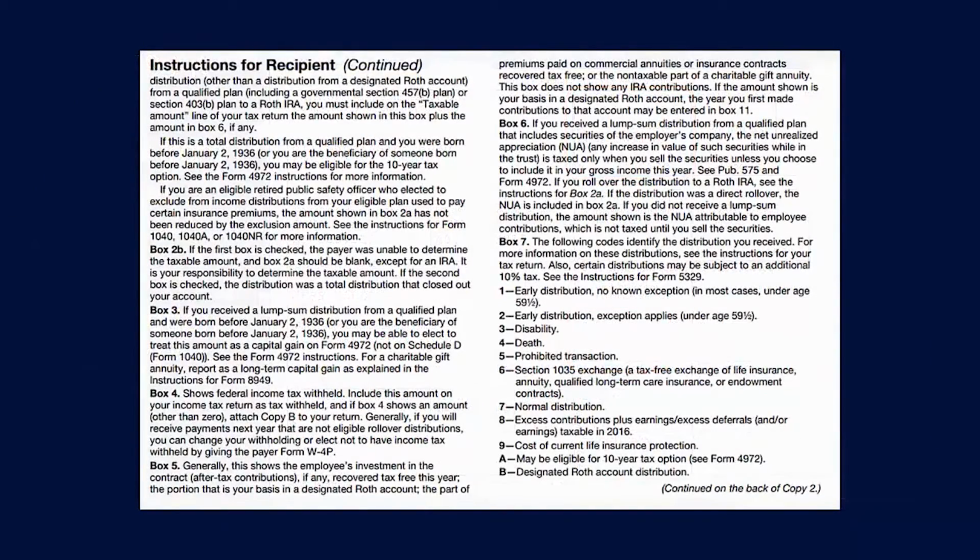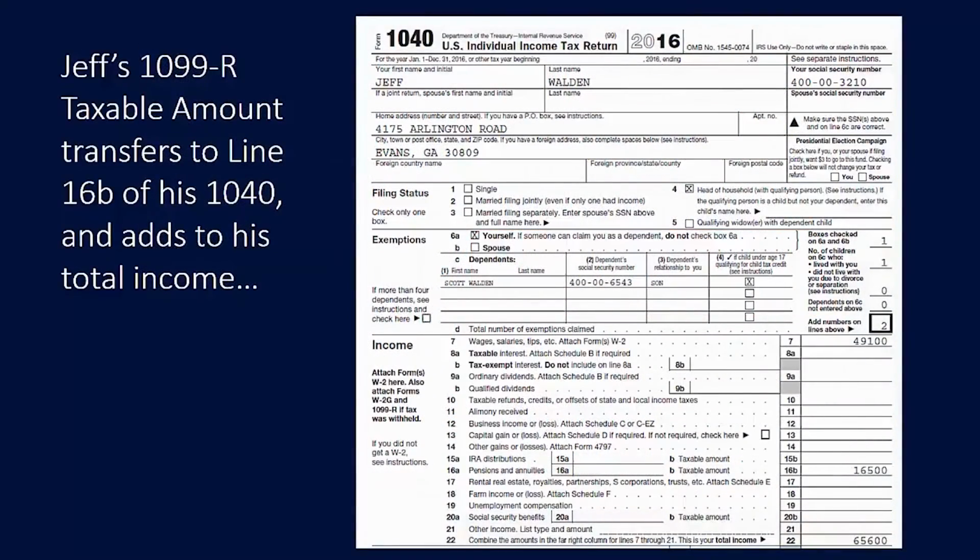If we flip the 1099-R over to the back, we see in box 7, code 1, early distribution, no known exception. His 1099-R taxable amount transfers to line 16B of the 1040, and it adds to his total income.